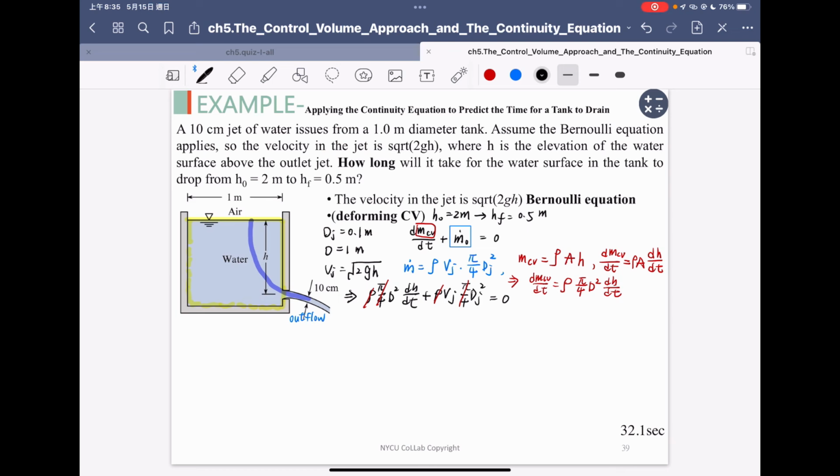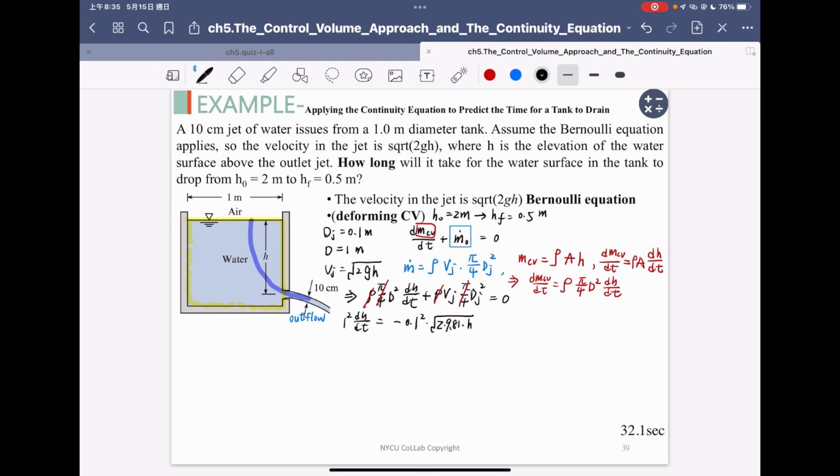The diameter d in here is 1 meter. So here is 1 meter dH/dt is equal to minus dj squared, so we have 0.1 squared, and vj is the root of 2gh.